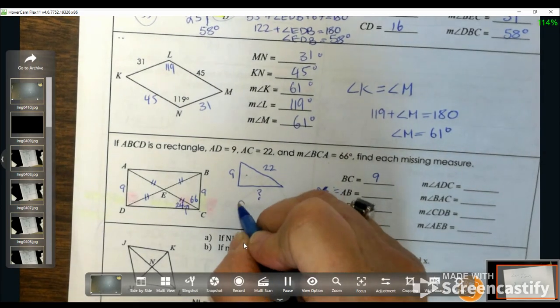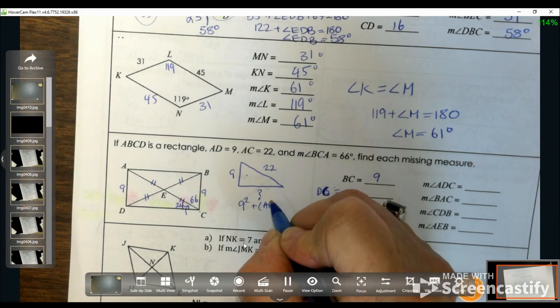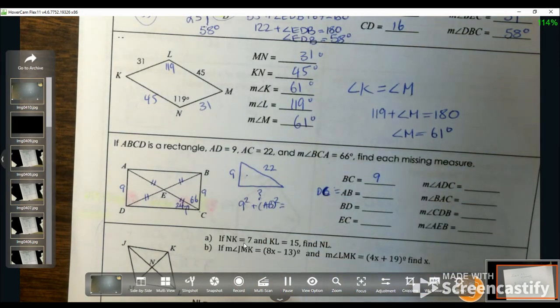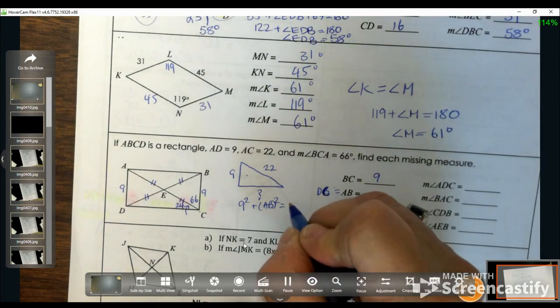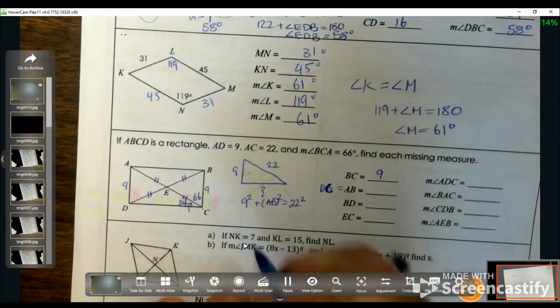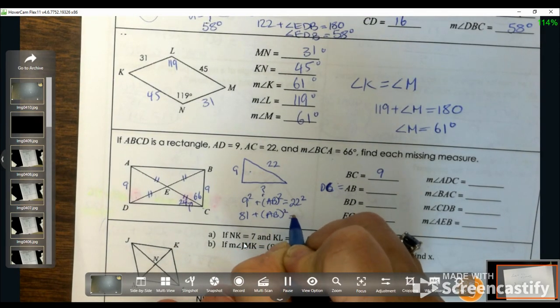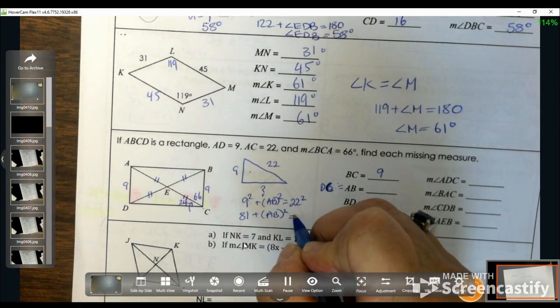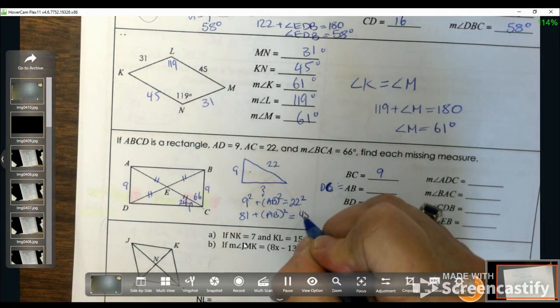So now I could go 9 squared plus AB squared is equal to 22 squared. Okay. That means I get 81 plus AB squared is equal to 484.